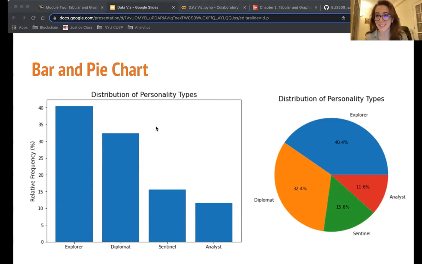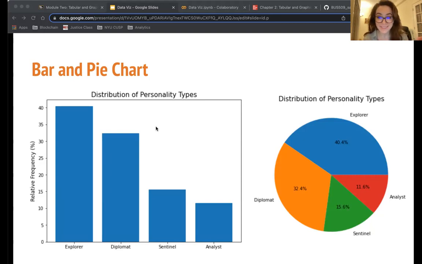So let's talk about why it's actually difficult as a visualization tool to really understand some of these differences. This is the same exact data, now just visualized in a different way using a pie chart. And we see the proportions are cut out of the whole. So it helps us visualize that all of these together equal 100, and each slice is relative to the frequency that it shows up.